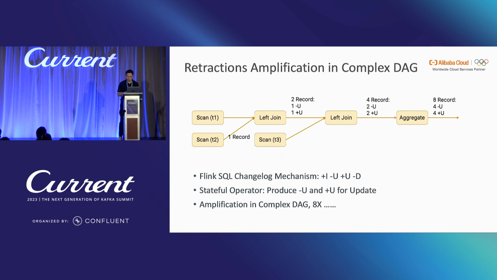For example, if one piece of data is updated, it will output the corresponding 2 records, update before and update after. So what's the problem? Here it will lead to amplification of the number of data records. You can see the example.